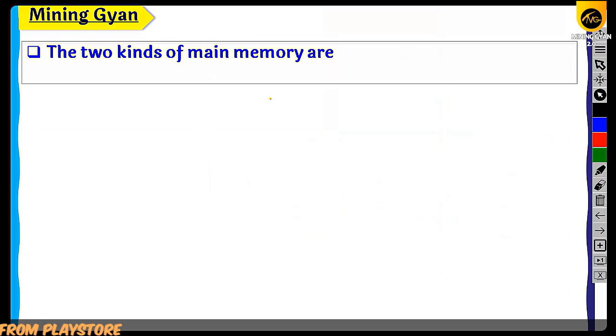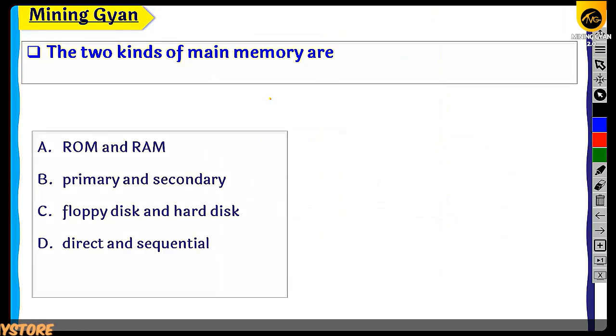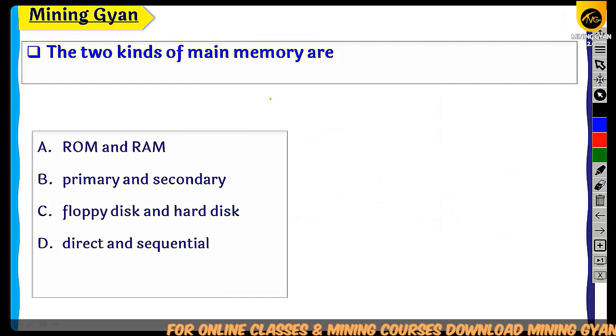The two kinds of main memory are: first, ROM, read-only memory, or random access memory; second, primary and secondary; third, floppy disk and hard disk; fourth, direct and sequential. Basically, the two kinds of main memory are RAM and ROM. So option A is the correct answer.